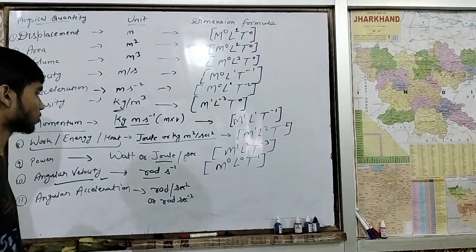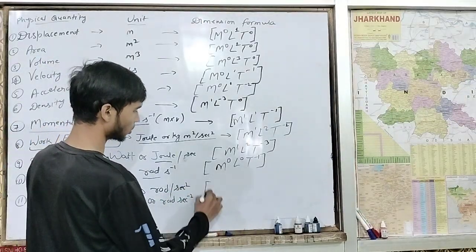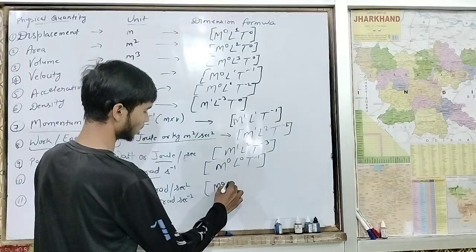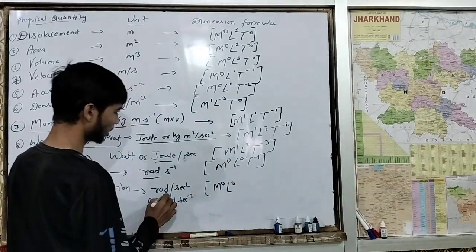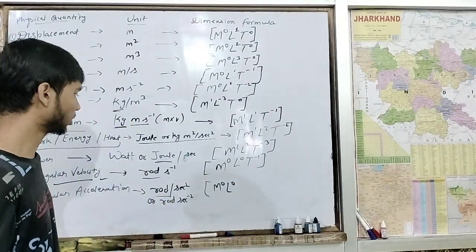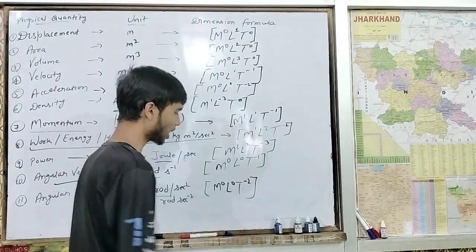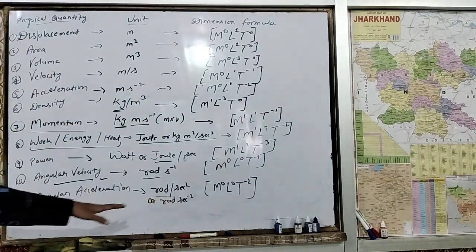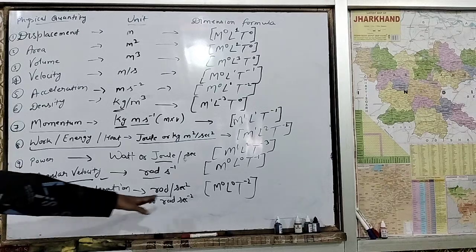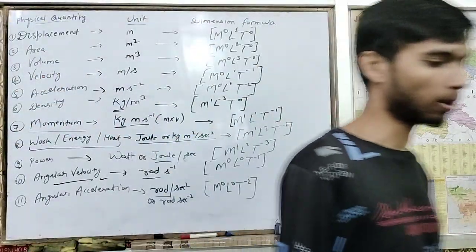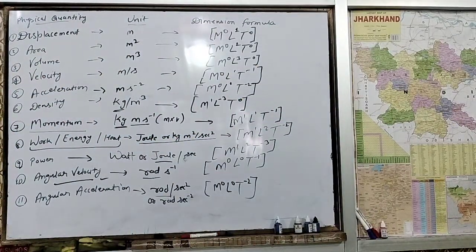The dimension formula for this: M is 0, L is 0, here radian will be ignored, and T is minus 2. So finally, the dimension formula is M0 L0 T minus 2.